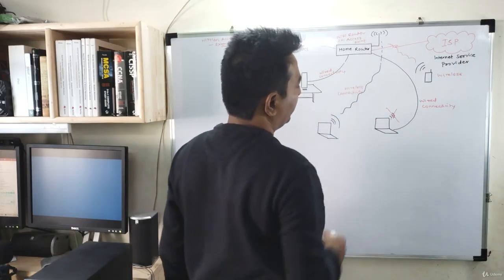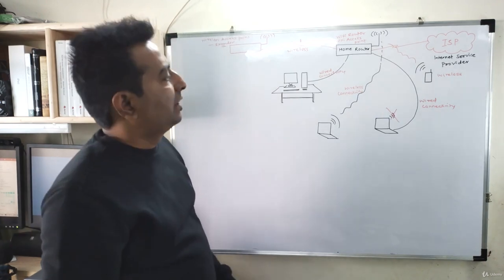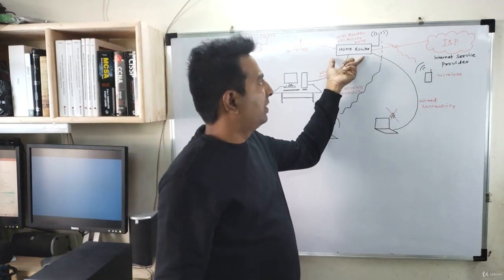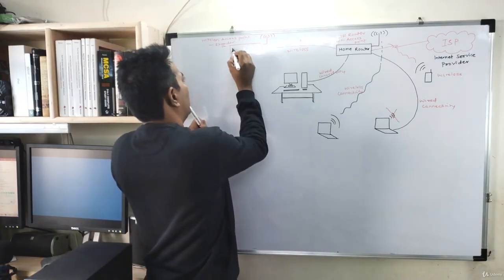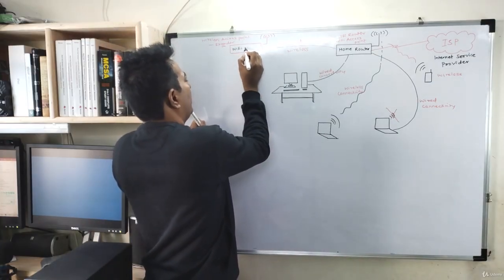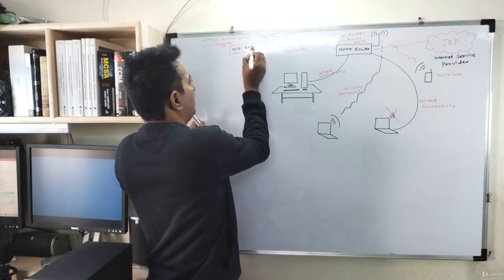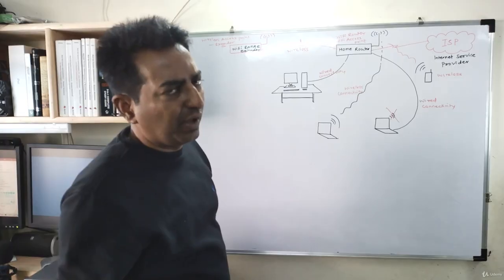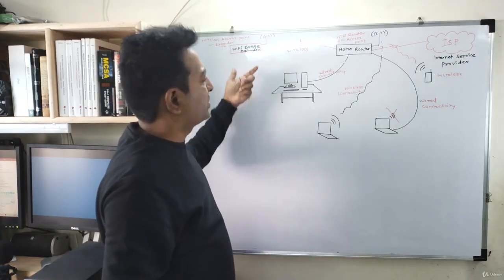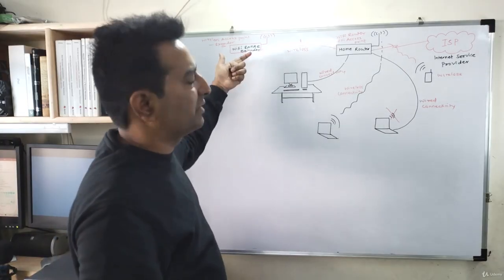So the ISP link is terminated in your home router. This router is also connected to some other Wi-Fi range extender. There are dedicated extenders also available in the market, but most of the time people use Wi-Fi access points to extend the range.